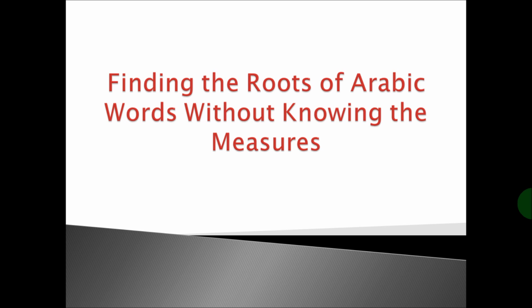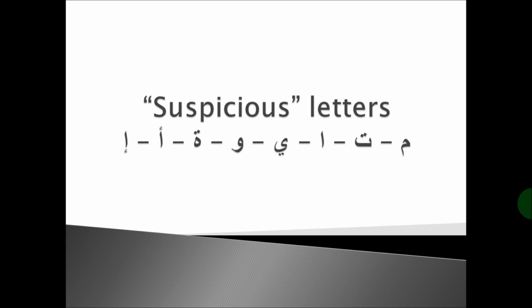So the quick way to do this is to learn the suspicious letters, as I call them. I call them suspicious not because there's anything wrong with them, but simply because they can fool you, so I urge you to be suspicious when you see them. For example: mim, ta, alif, ya, waw, ta marbuta, and then the hamza on the alif and the hamza below the alif.